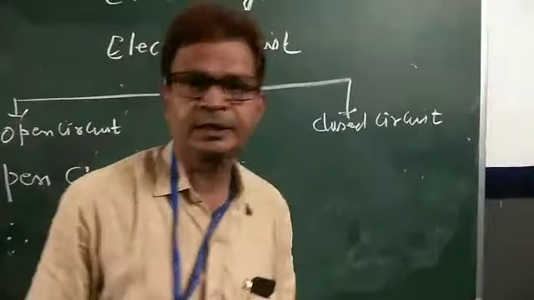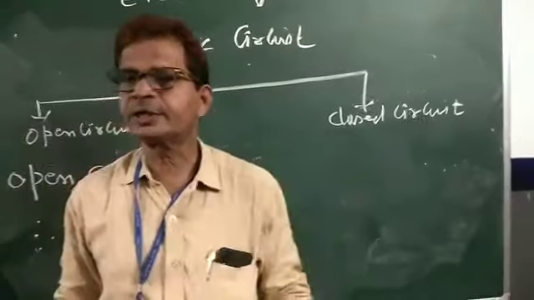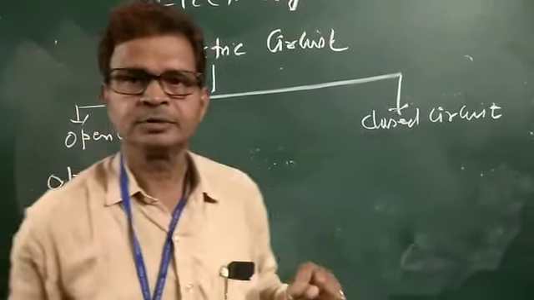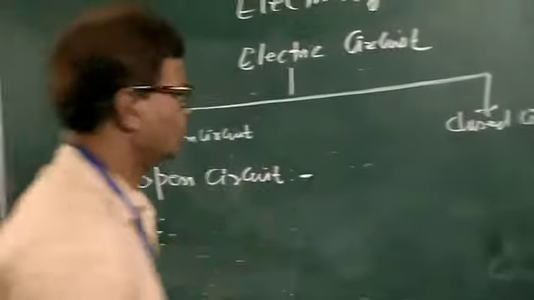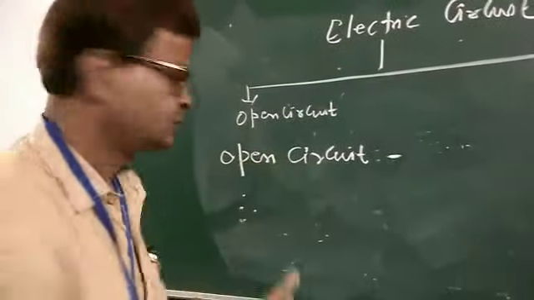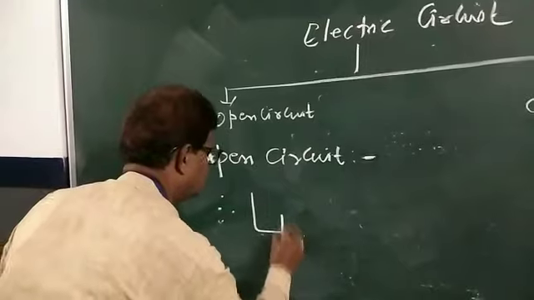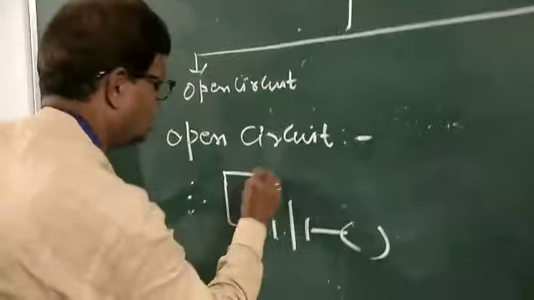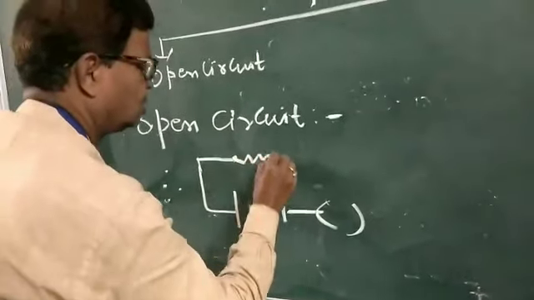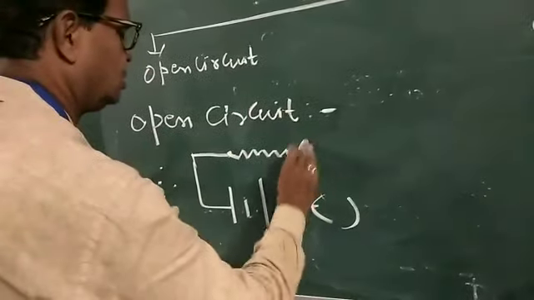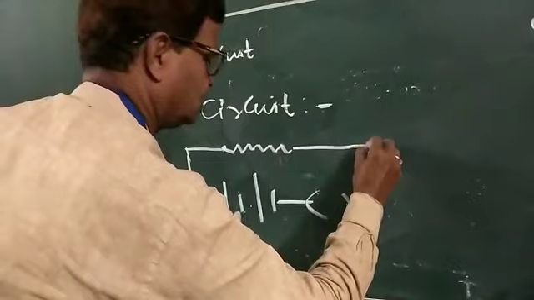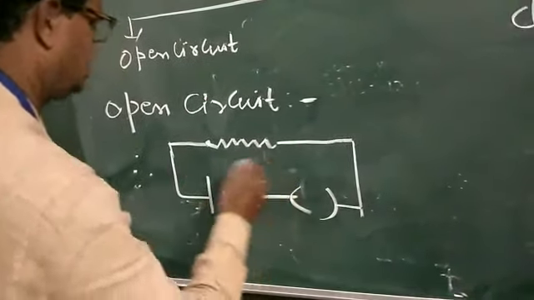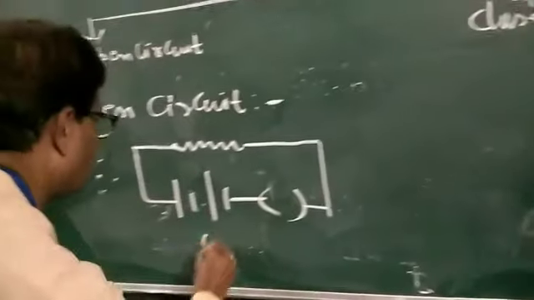And for closed circuit, an electric circuit through which an electric current passes by. This can be shown by the two figures. Just try to understand. It's an open circuit.